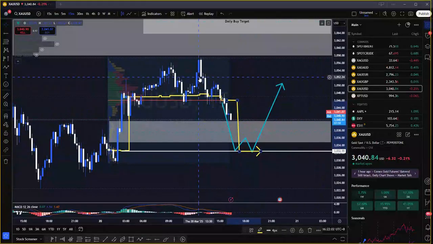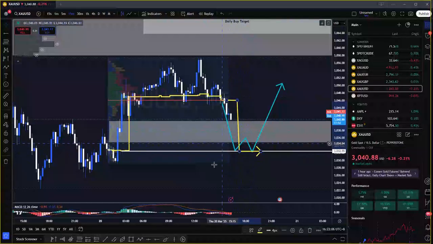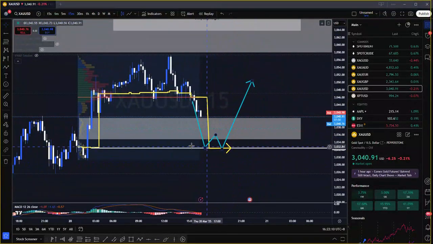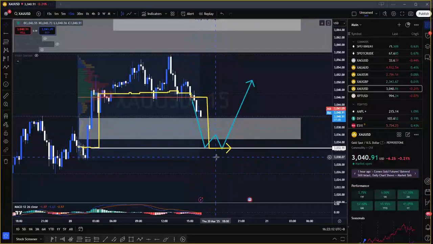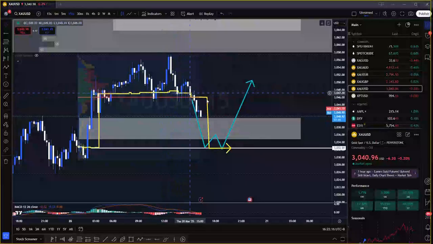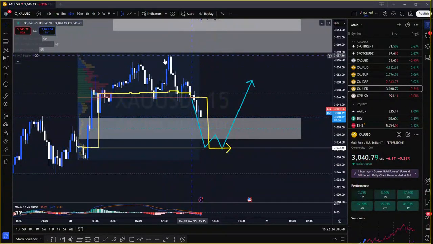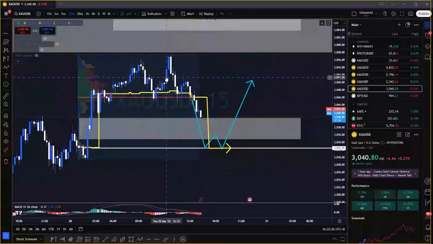If sellers are trying to find new sellers in this area, there is only one group of sellers that will take on that position. Right, so we need two things to happen. We need the developing POC to come down, and the second thing is we need to see a liquidation event of the buyers for this group of sellers to get out.